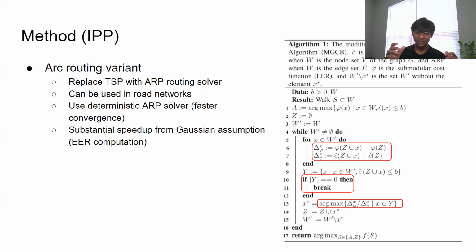The edge with the highest EER to route cost ratio is added to the solution set. The algorithm is repeated for the remaining edges until either the distance budget is met or there are no more edges to add to the solution.